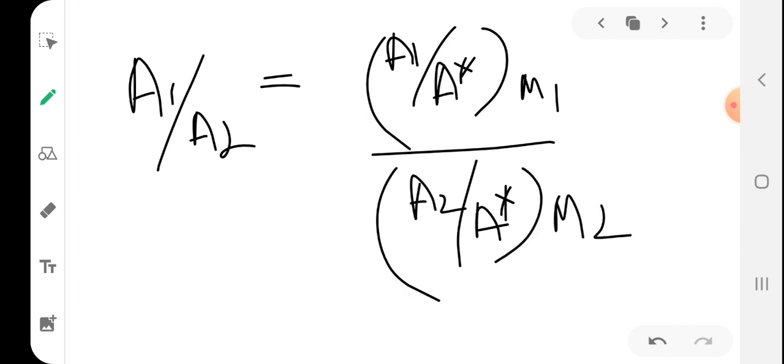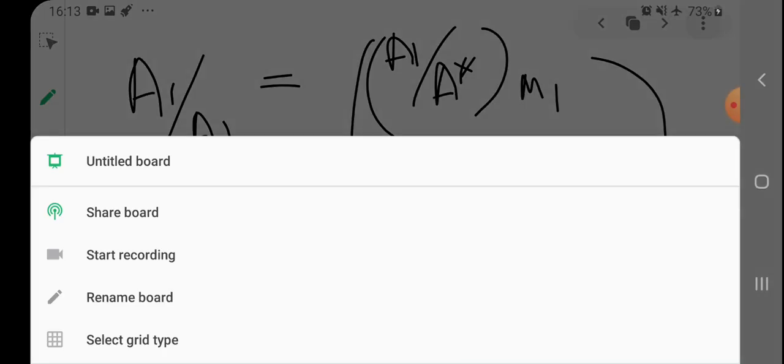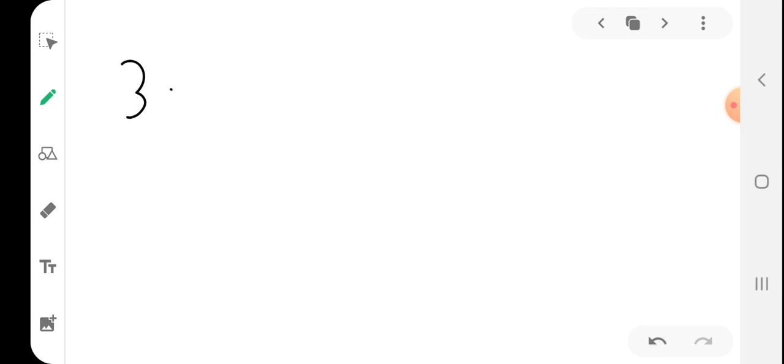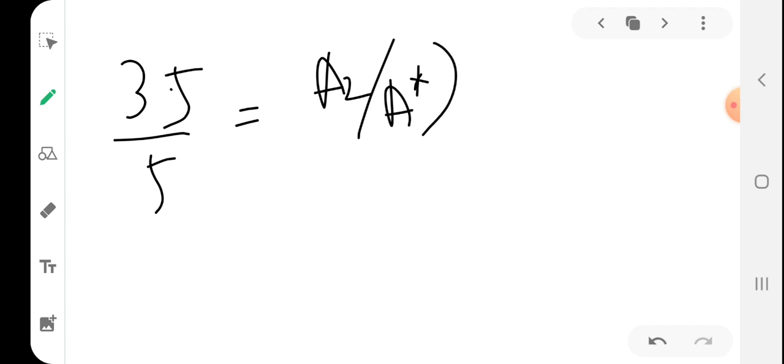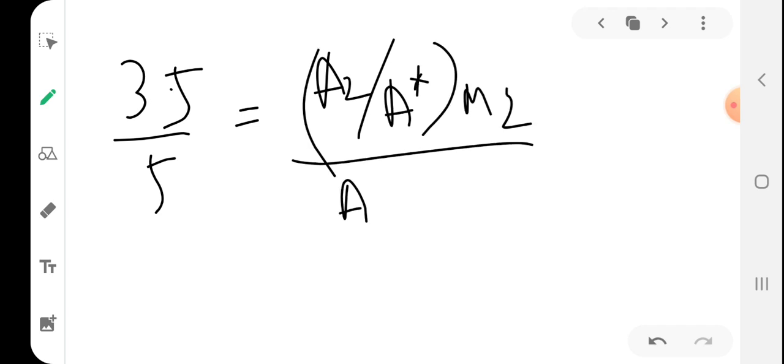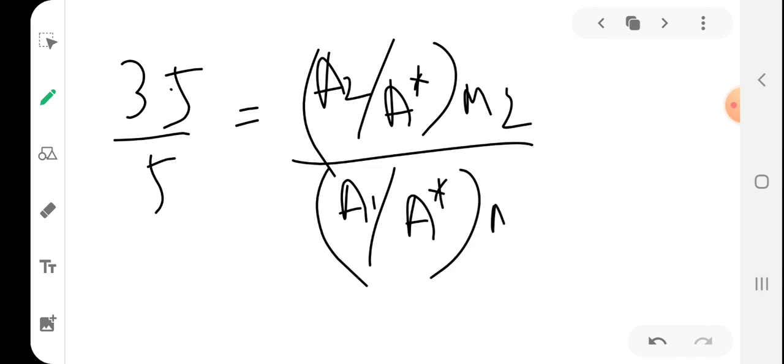So 3.5 by 5 is equal to A2 by A star at Mach 2 divided by A1 by A star at Mach 1.